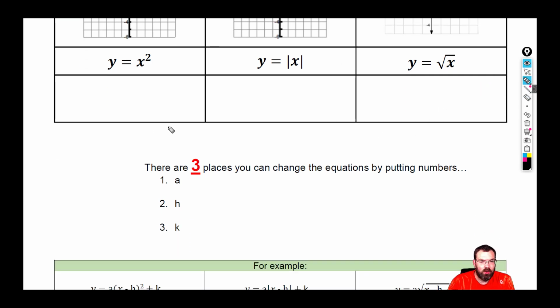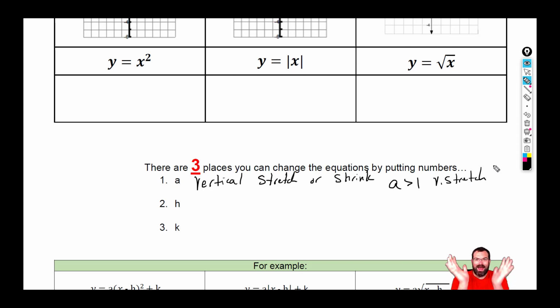So, what do they do? Well, the a value is what we call the vertical stretch or shrink. What does that mean? Well, that means that if the a value is bigger than 1, then we're going to have a vertical stretch.